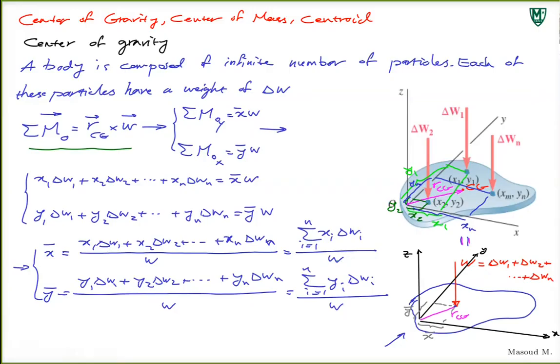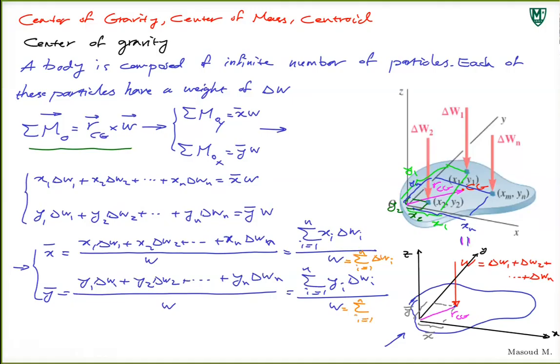You can also write W as the summation from i equals 1 to n of delta wi. The sum of the w's, the total weight, is the sum of the weight of all the particles.